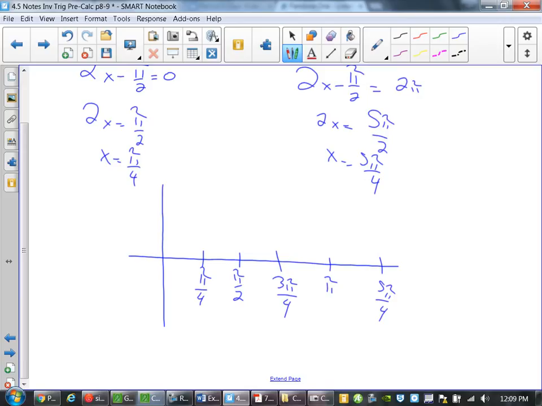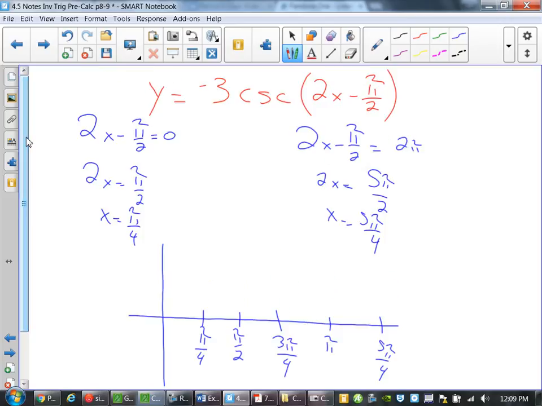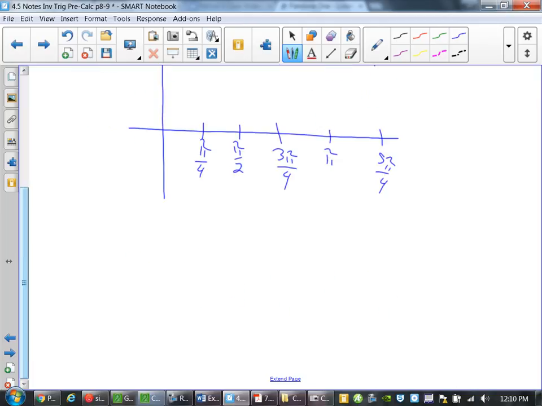The value here was -3. It's a cosecant problem, which means it's the inverse of what? Sine. So sine values start at the value of 0, go to a, back to 0, opposite a, back to 0.